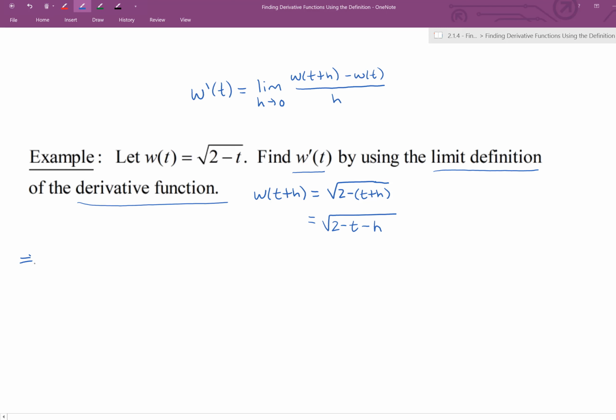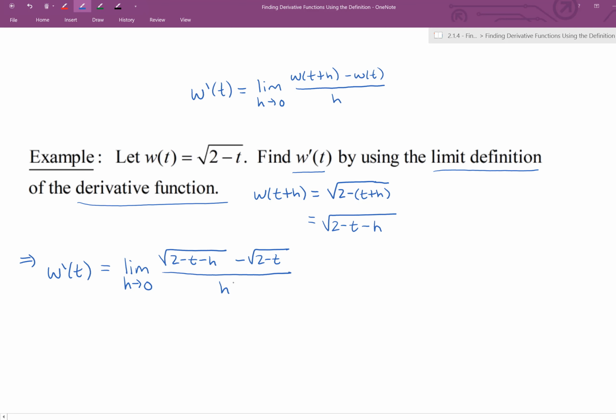Therefore, w prime of t, the derivative function of w, is the limit as h goes to 0 of w of t plus h, which we just found, the square root of 2 minus t minus h, minus w of t, so that's the square root of 2 minus t, all over h.